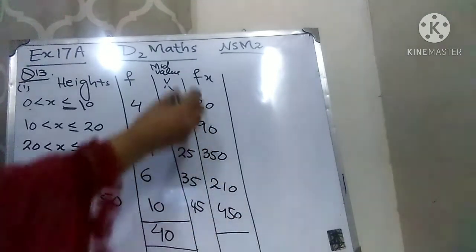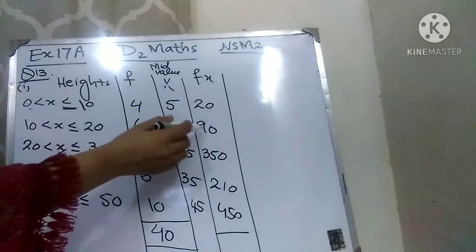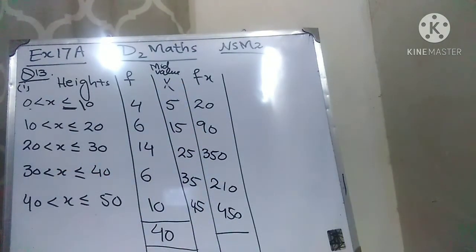So you need sum of fx, so you have to add up all these values. 20 plus 90 is 110, plus 350 plus 210 plus 450. So what you will get? You will get 1120.